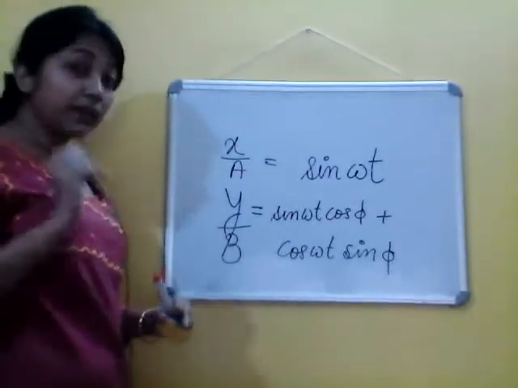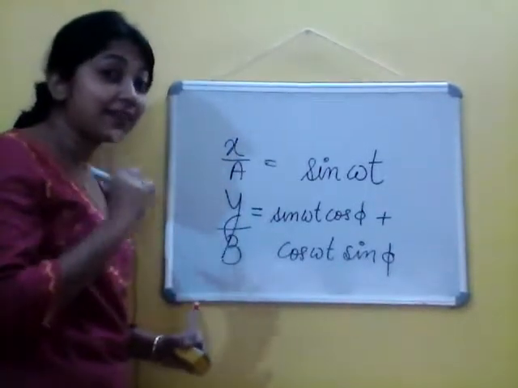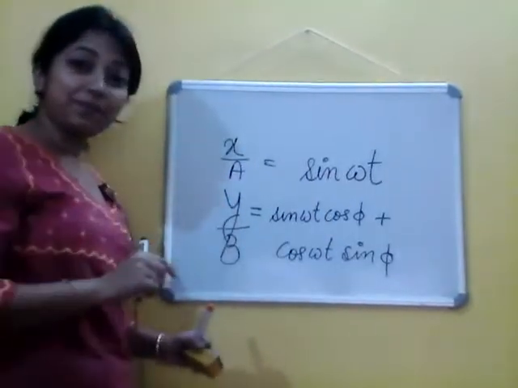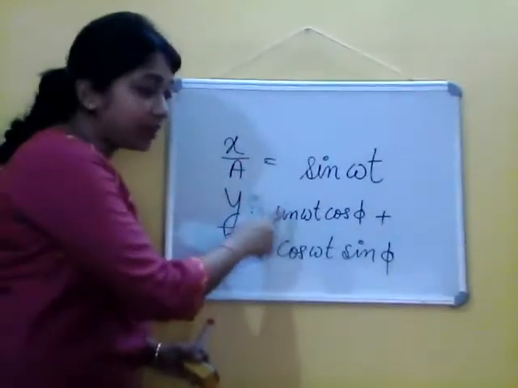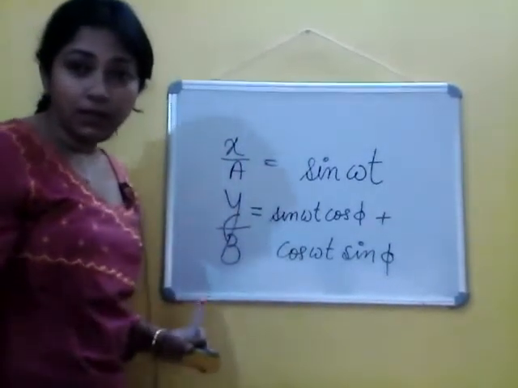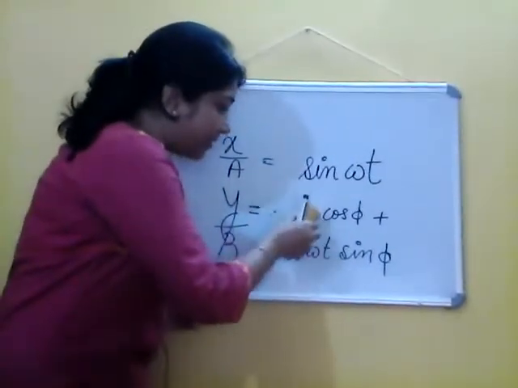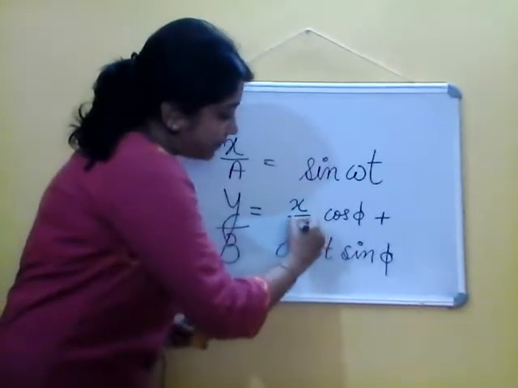Correct? Now I will take the help of the first equation, from where I found that sine omega t is x by a. So I am going to take that x by a from there and put the values in the second equation. So this sine omega t can be conveniently replaced by x by a.